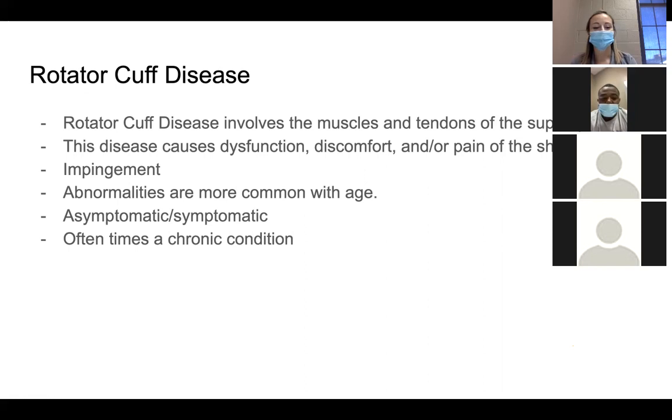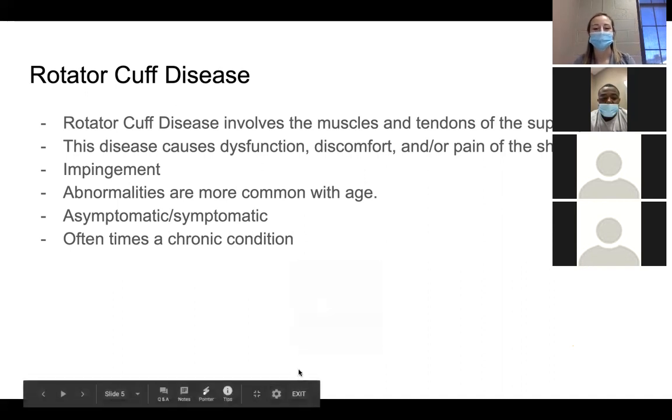Along with that, with rotator cuff disease, there are asymptomatic and symptomatic patients, asymptomatic being the majority. Often, rotator cuff disease is a chronic condition, meaning that it happens over a long period of time.